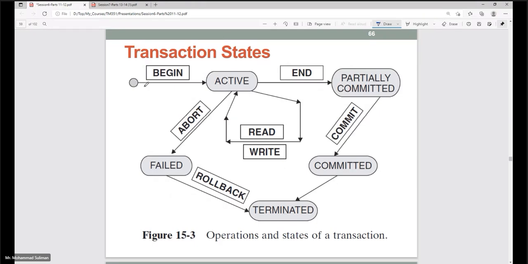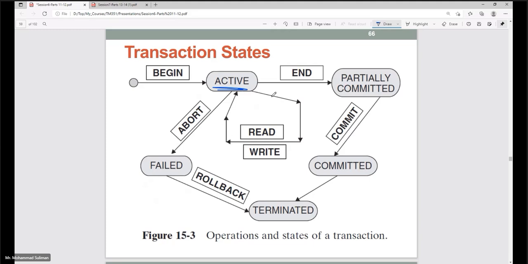We begin, and the transaction is active. From the begin, we read some data, we write some data: read the saving account, deduct 50,000, and then write the saving account, then read the checking account, then write the checking account. So there is a read and write happening.